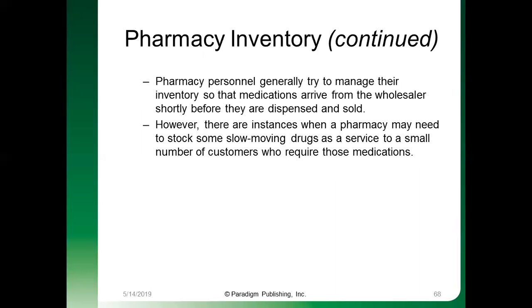Pharmacy personnel generally tries to manage their inventory so that medications arrive from the wholesaler shortly before they are dispensed and sold. So see, this is a key thing. Like I was stating in the previous example, you only have one patient on that medication, and that patient is taking that medication every 45 days.